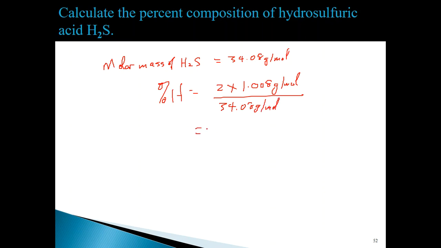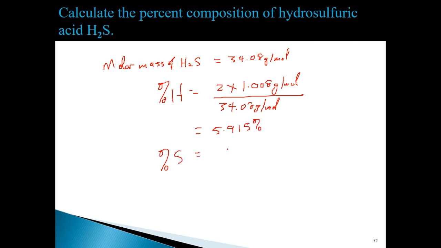And according to my calculations, when I do that, I end up with, to round this off to 4 sig figs, 5.915%.